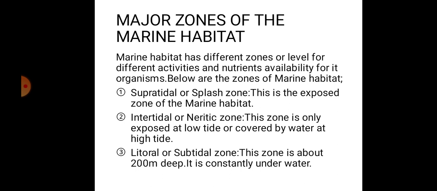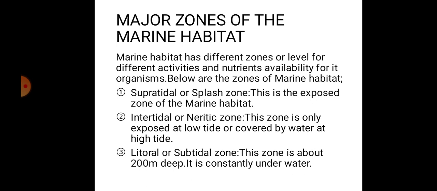Remember what tide is: the rise and fall of water level. So when the water rises, some places that were not covered will be covered with water. When the water is low, those covered places will be exposed to the atmosphere.